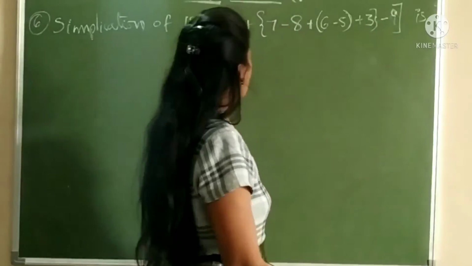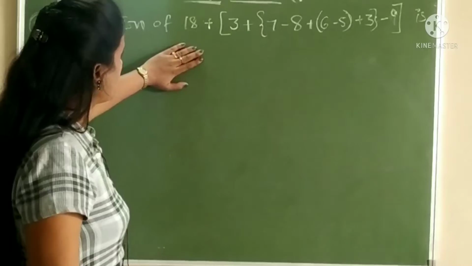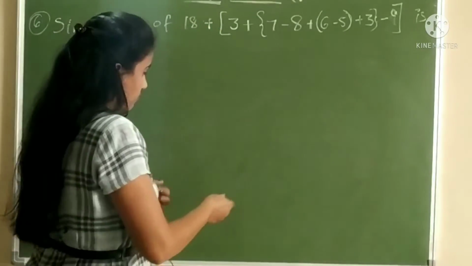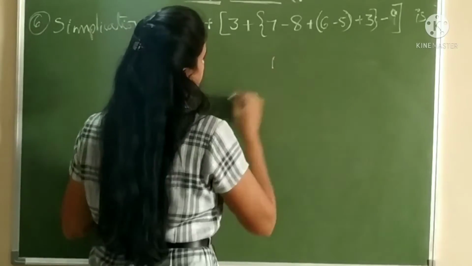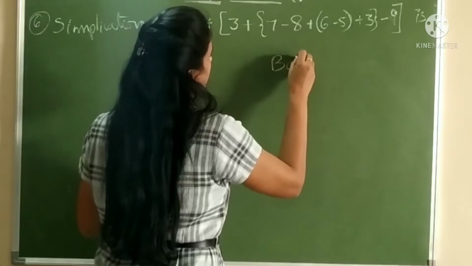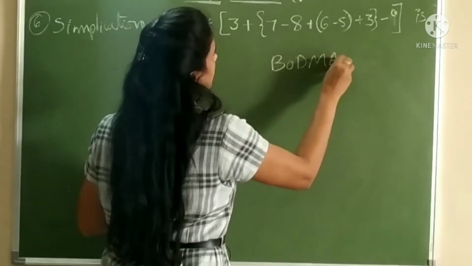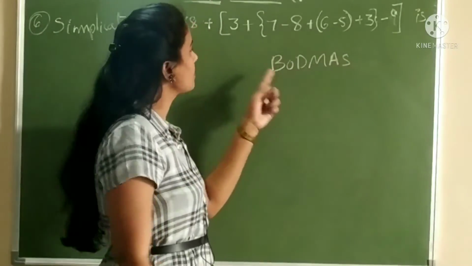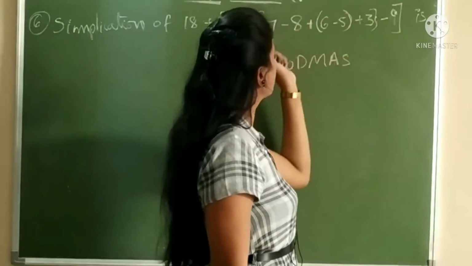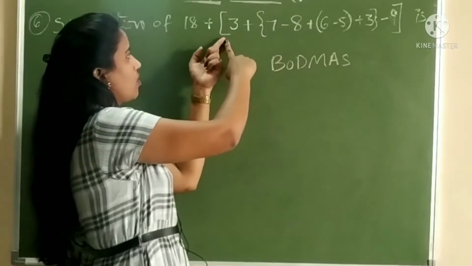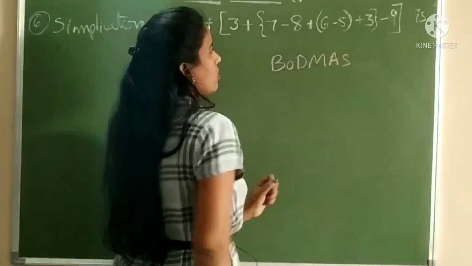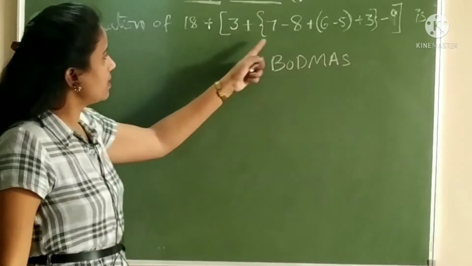Here we have to follow the BODMAS rule. Three types of brackets are there: one is the box bracket, that is the big bracket, the curly bracket, and the third one is the small bracket, along with plus and minus symbols.